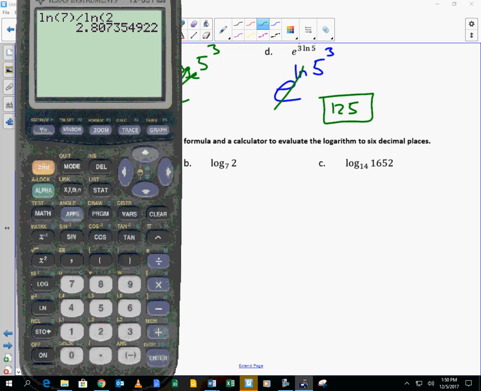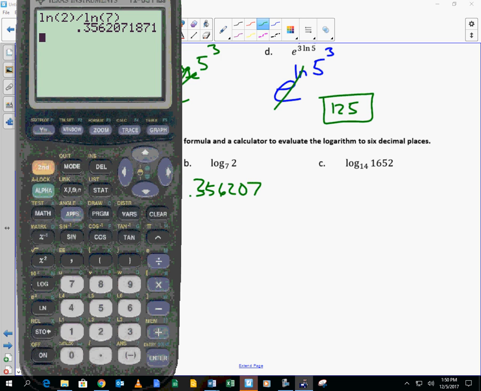Okay, so my point is that your calculators do have that option. It's quicker to just do it this way. And it doesn't matter whether you do natural log or log. You can see in this situation, we do come up with 2 point, whoa, I'm sorry. Yeah, I did it incorrectly. Natural log of 2 divided by natural log of 7, my bad. I switched them up. So we get 0.356207.